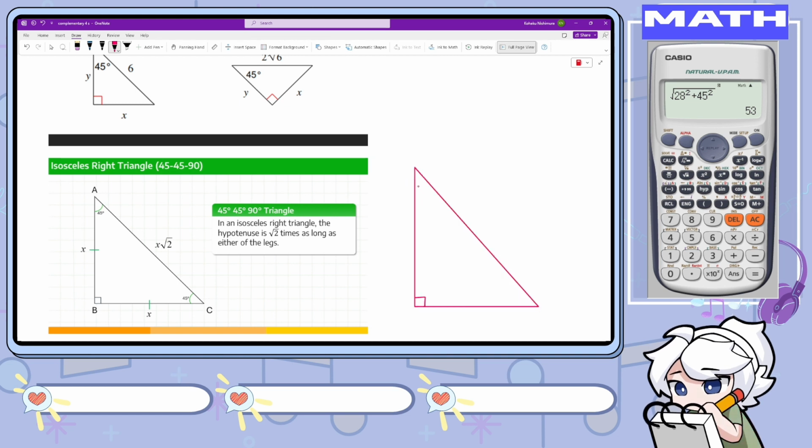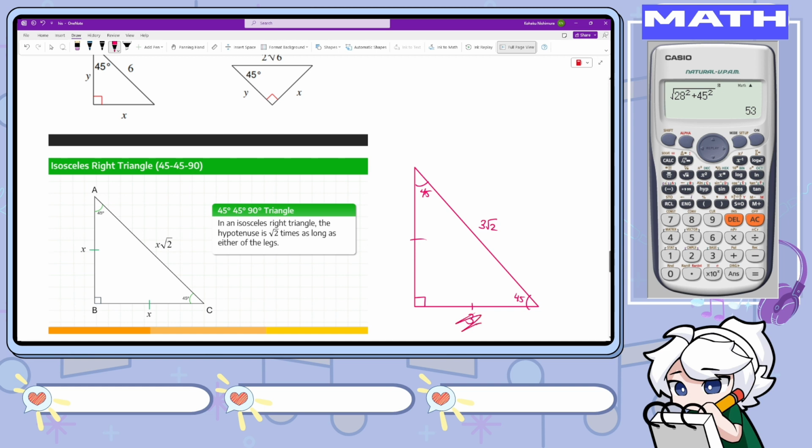Let's say this is a 45, 45, 90. If I have, let's say, 3, what is the measure of this? It's also 3 because they are just the same measure. But the measure of this here is just you multiply 3 or this shorter leg by square root of 2. What is 3 times square root of 2? You're done. 3 square root of 2. That's it.